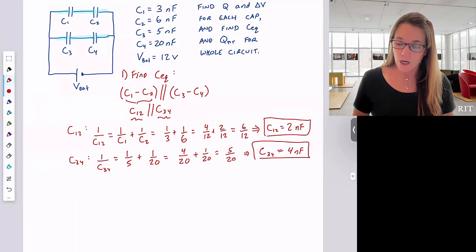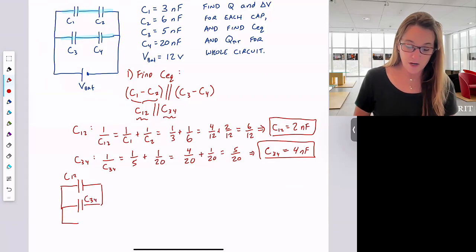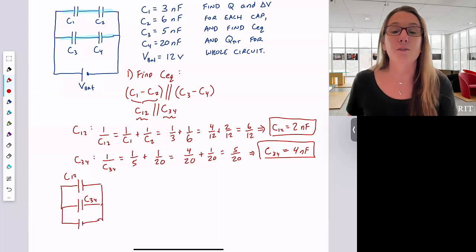What that means is I can draw this circuit with C12 on top, and that is simply in parallel with C34 on the bottom. Those are in parallel with each other and with the voltage of the battery.